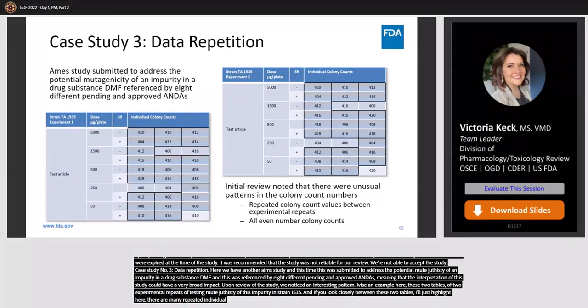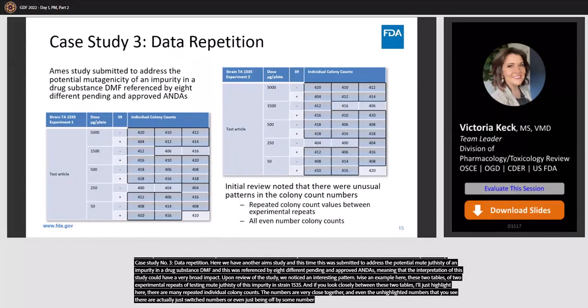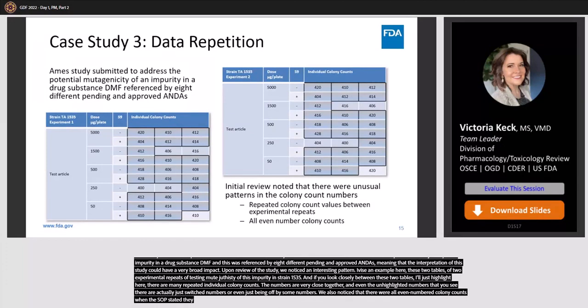The numbers are very close together, and even the unhighlighted numbers that you see there are actually just switched numbers or even just being off by some numbers. We also noticed that there were all even number colony counts when the SOP stated that they were conducting manual individual colony counts.